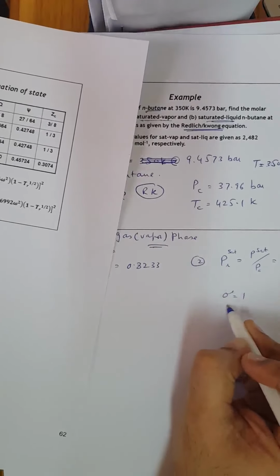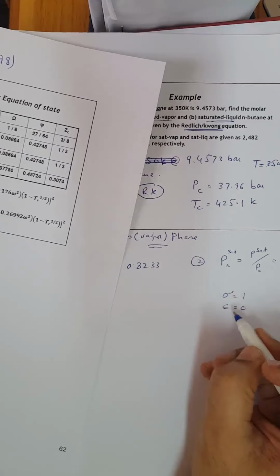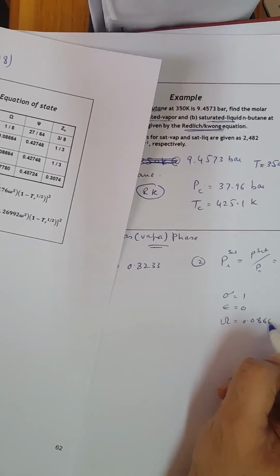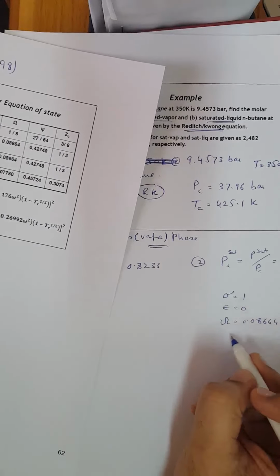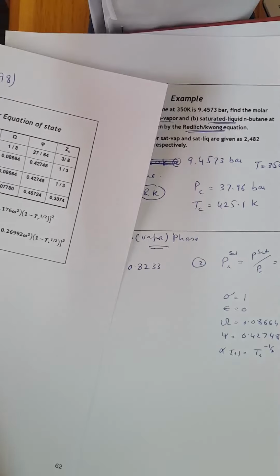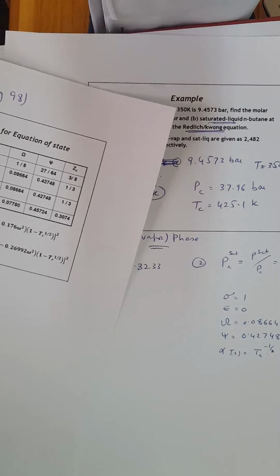Epsilon is 0, sigma is 1, omega is 0.08664, psi is 0.42748, and alpha TR is equal to TR to the power minus one half.